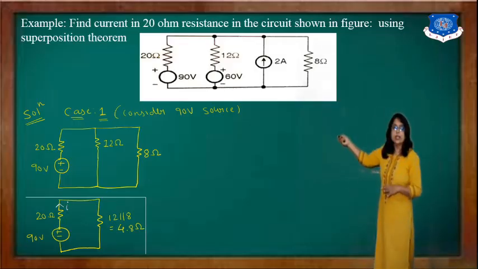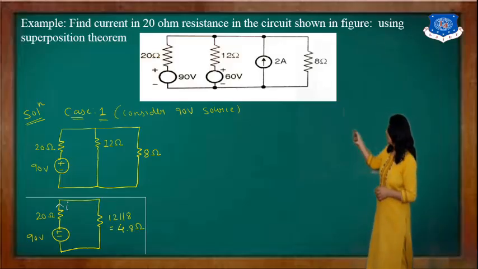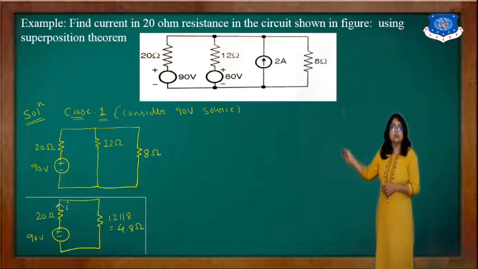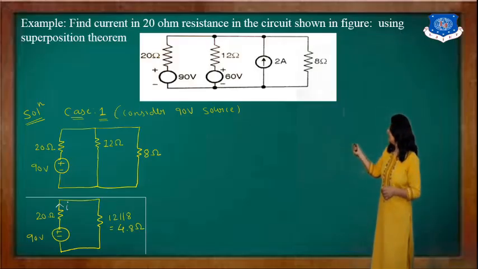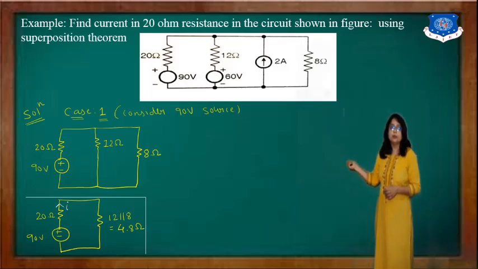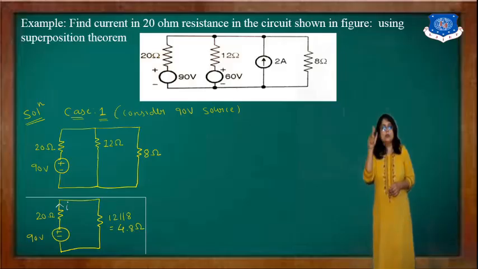Here, if you see carefully, the 12 ohm and 8 ohm resistors are connected in parallel. So if we solve this parallel connection, 12 parallel 8, the answer is 4.8 ohm. Now here you see only one loop is there.